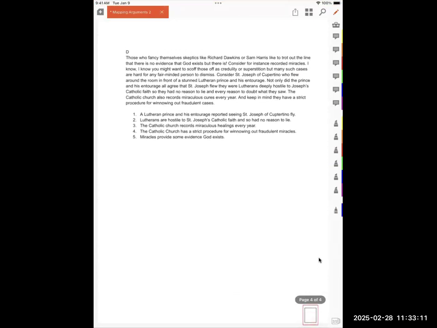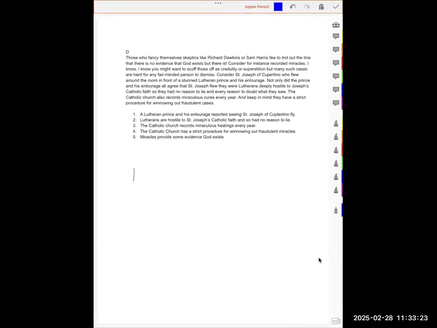Now let's get to the last one, right? Remember, this one had a slightly more complex structure. One and two work together, three and four work together. How do we indicate that? Well, what we do is put all the premises that work together.